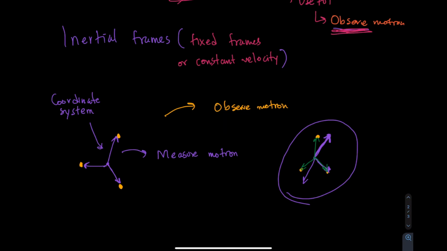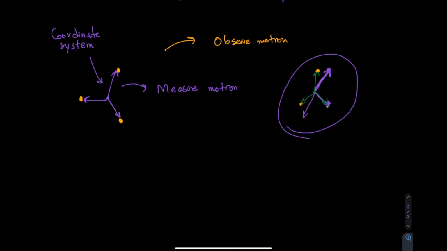Now, of course, I mentioned this before in the video, but reference frames and coordinate systems are very connected, and that's why you will normally see both terms used like synonyms, but they are actually different in definition.